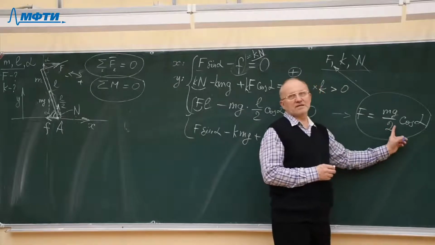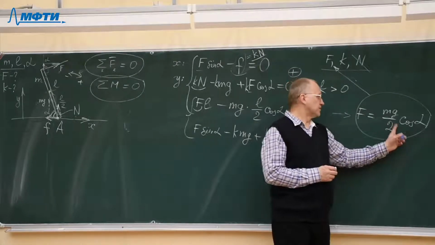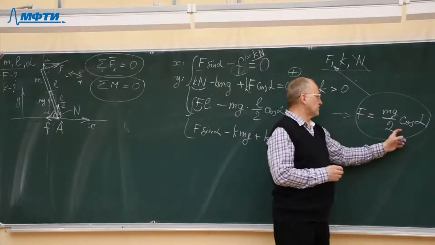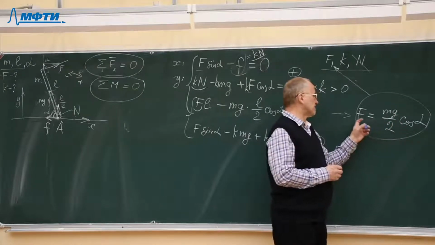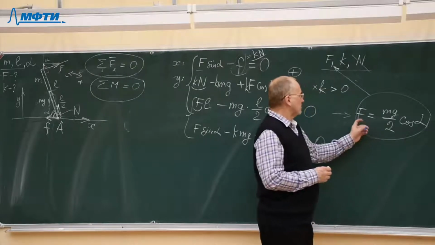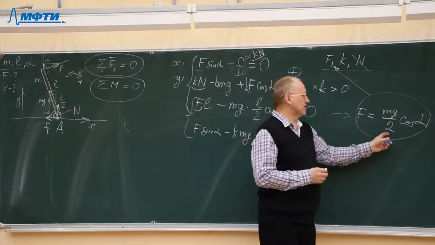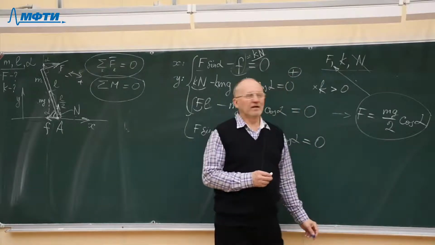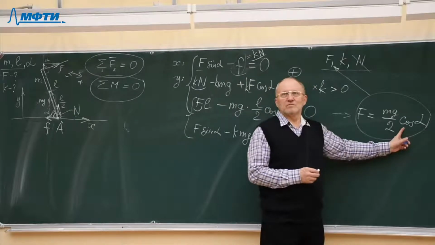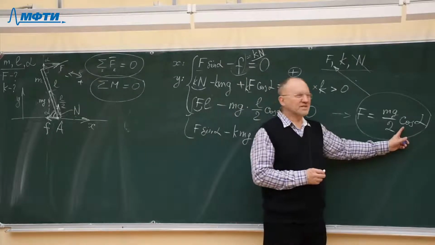Always analyze the dimension. The units of measurement must coincide. The right side of this equation should give you the units of measurement needed by the left side. And then, when we have verified the dimension, we check whether the predictions are reasonable, whether they are realizable in practice.